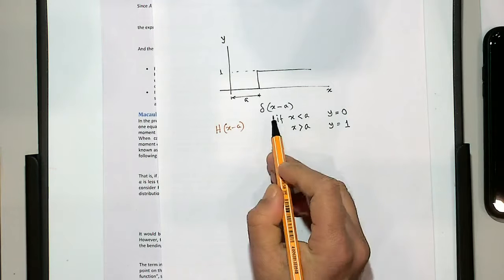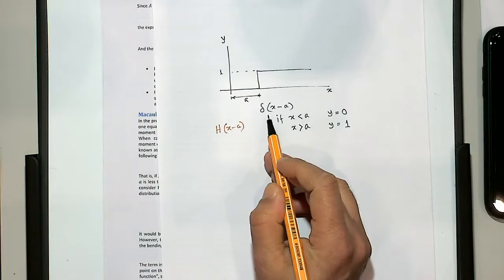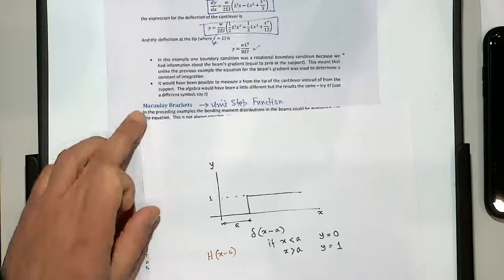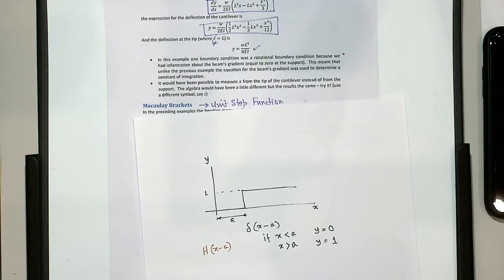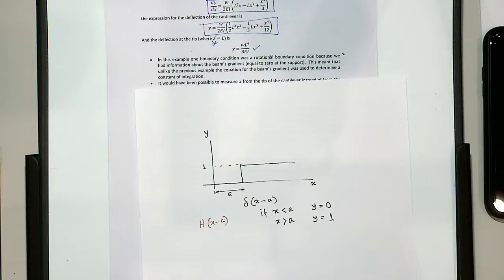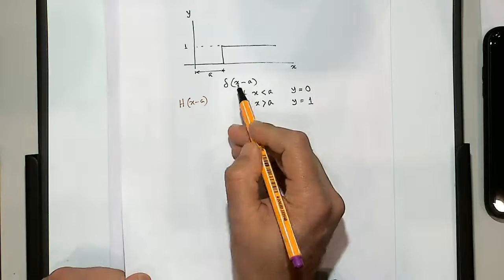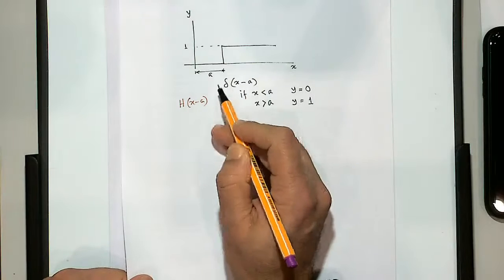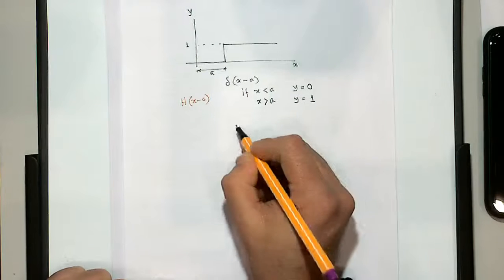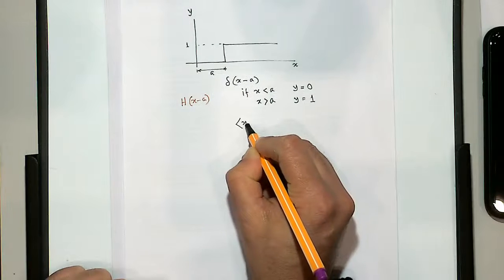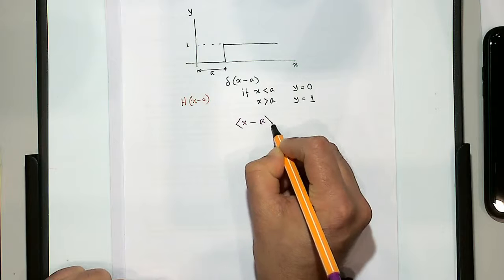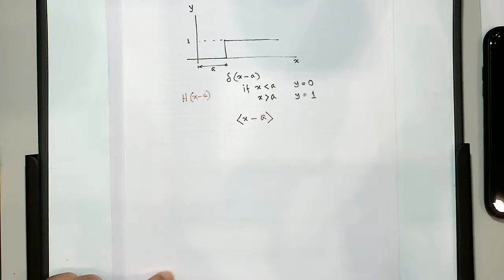But what we will use instead is something called the Macaulay bracket. These are the engineer's way of treating the unit step function. Instead of rounded brackets, we use pointed brackets, and this is exactly the same as the unit step function.